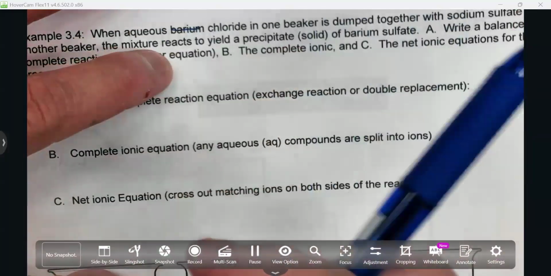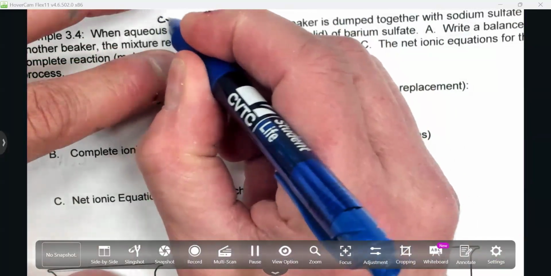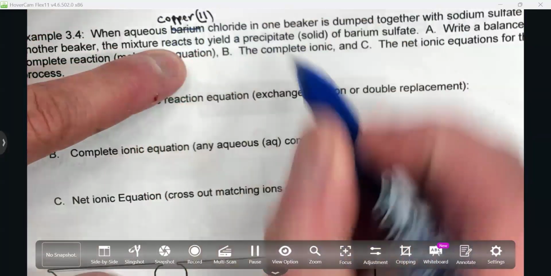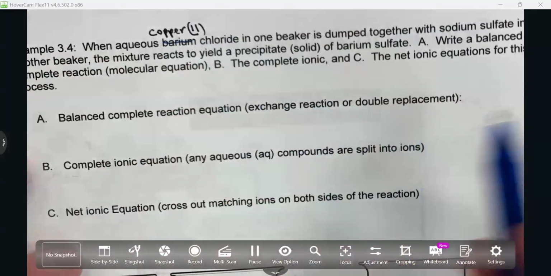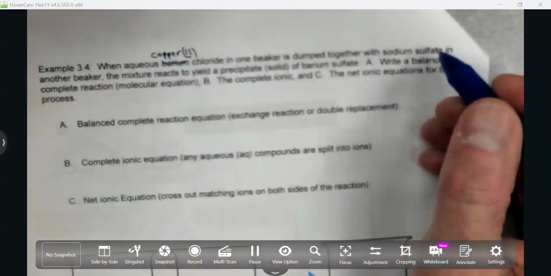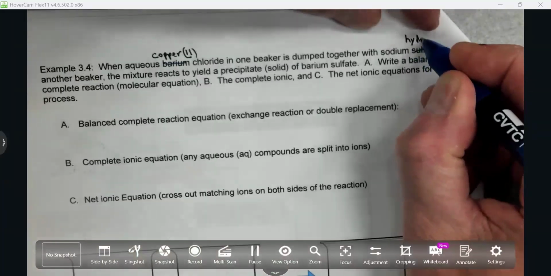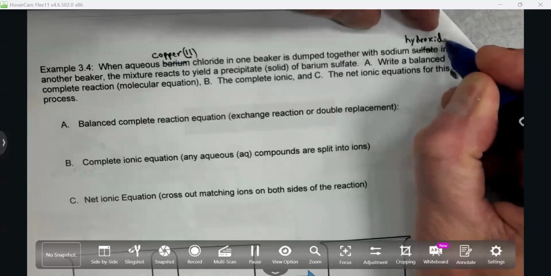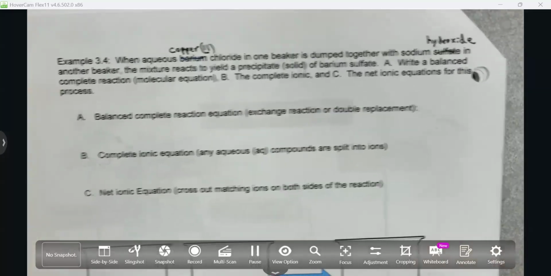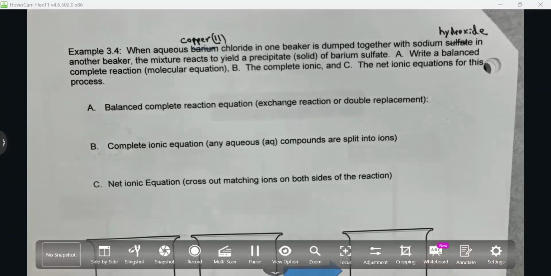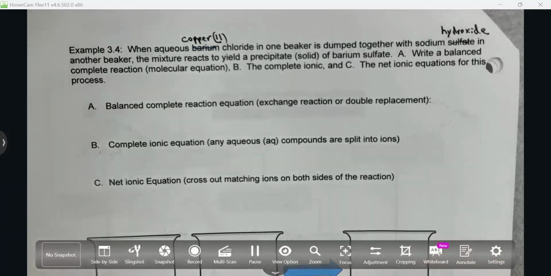This is copper 2 chloride, and the other thing I'm using is sodium hydroxide. Copper 2 chloride and sodium hydroxide.